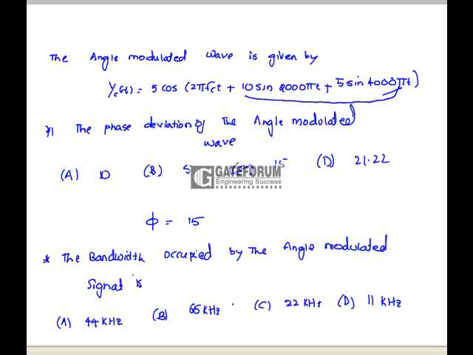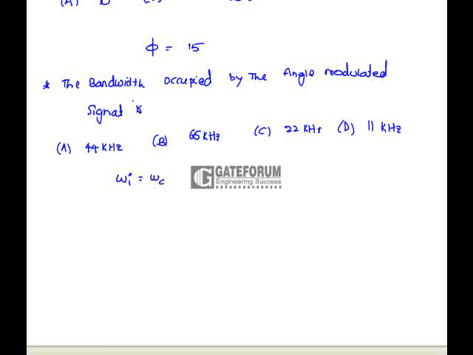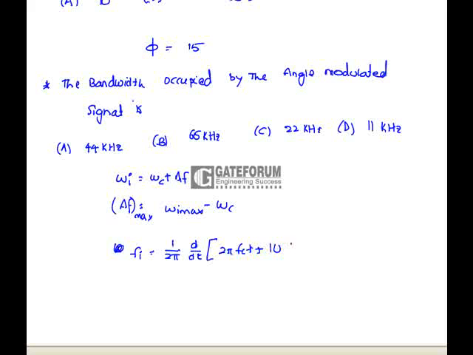The bandwidth occupied by the angle modulated signal is, see, omega i is nothing but omega c plus delta f. So delta f max is equal to omega i max minus omega c. So delta f is equal to 1 by 2 pi d of dt of 2 pi fct plus 10 sine 2000 pi t plus 5 sine 4000 pi t.